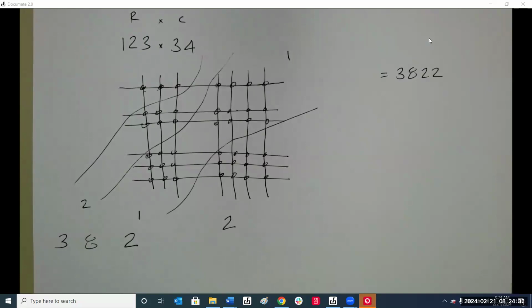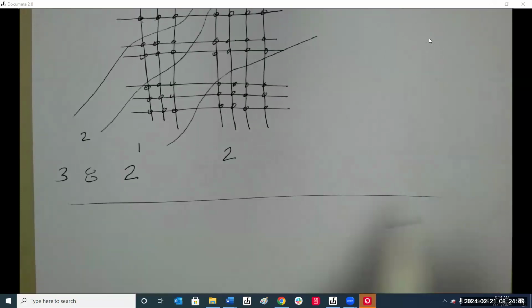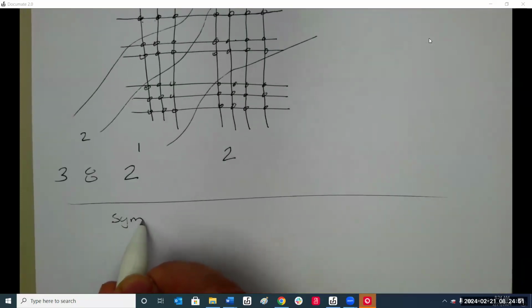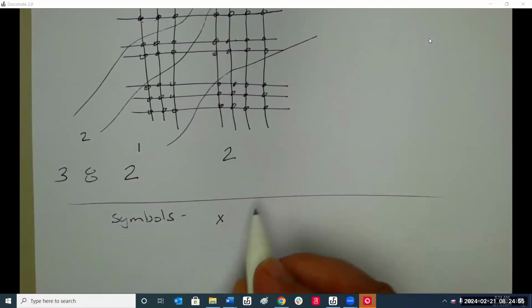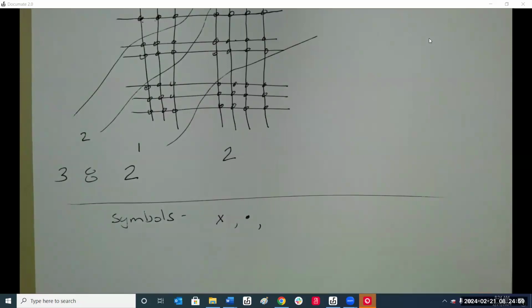Another thing the kids are going to get confused about. Unlike addition and subtraction, multiplication is the only operation that has multiple symbols. What are all the symbols for multiplication? We have the X. We have the dot. What else?